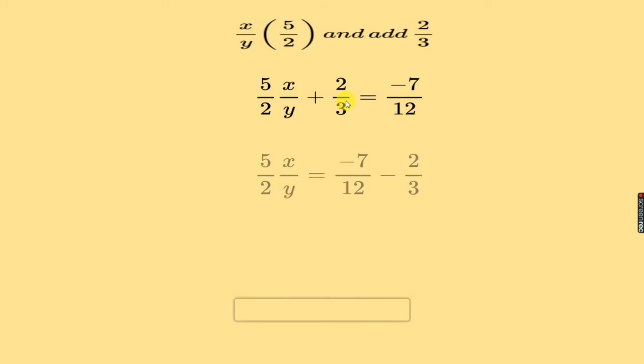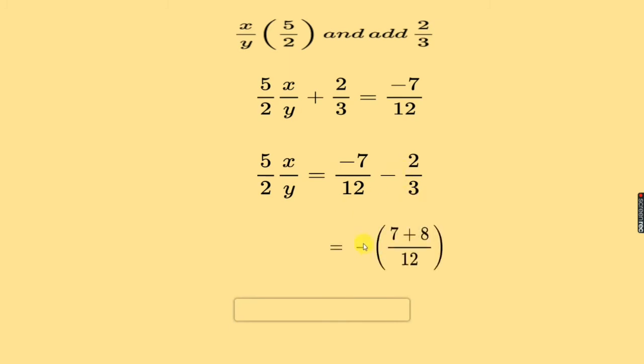Now we would transpose this constant term to the other side. Here it is with the positive sign. When we shift it to the other side, it would become negative. So 5x upon 2y is equal to minus 7 upon 12 minus 2 upon 3.